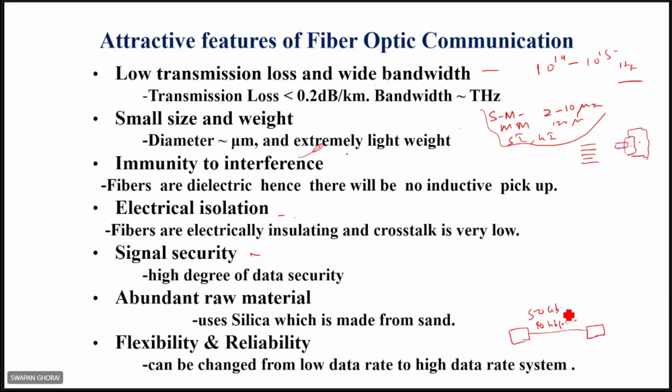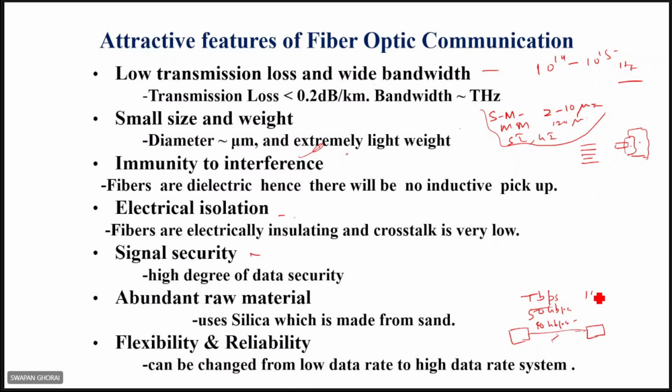For other systems, you have to change everything: the cables, the sources, the detectors, etc. But here, there is no need to change the optical fibers. The same fiber can support 10 Gbps, 2 terabits per second, and even several terabits per second, right?